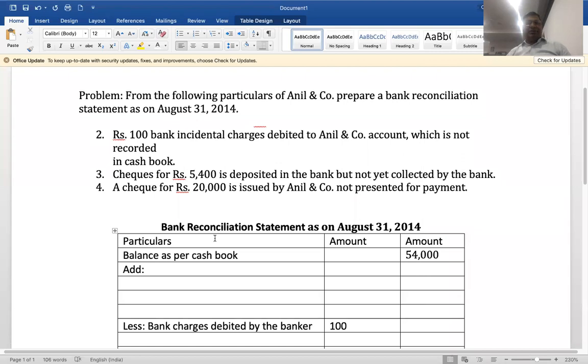Next, checks for 5,400 are deposited into the bank but not yet collected.